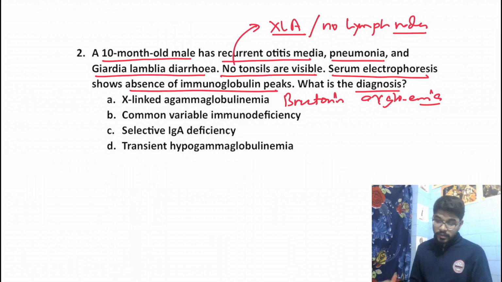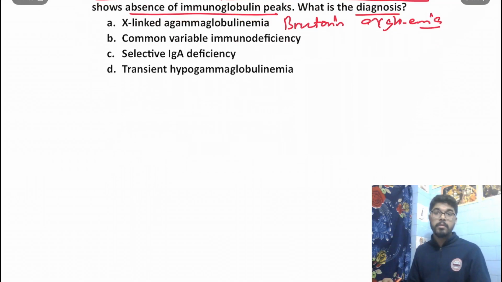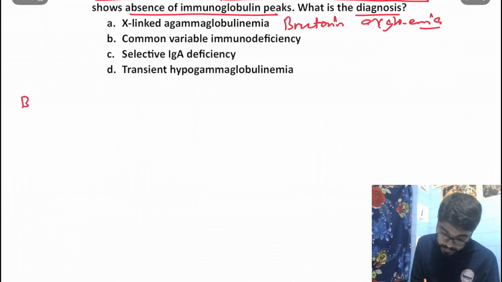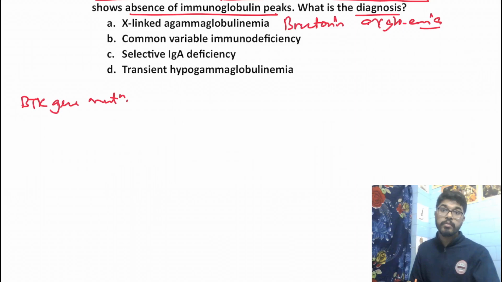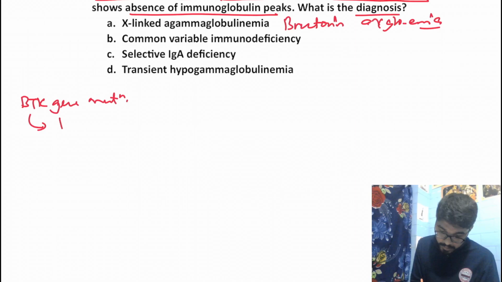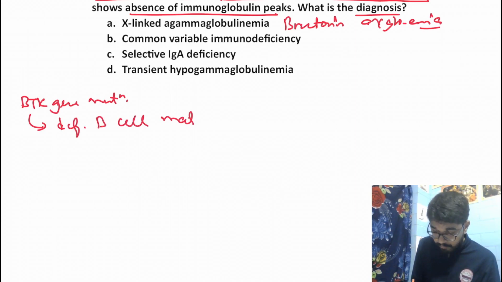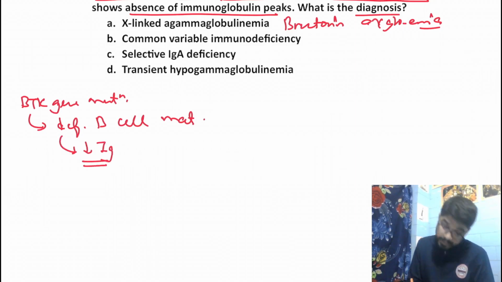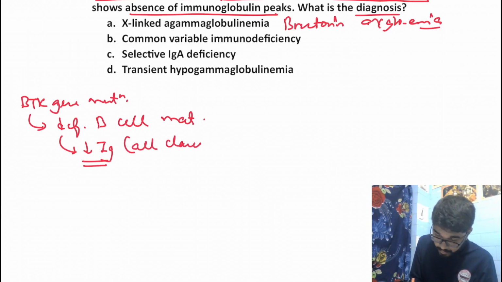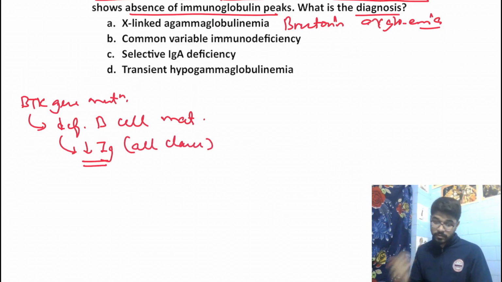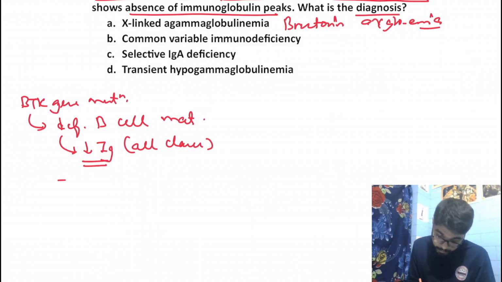Now, certain important things we need to know about it: there is a BTK gene mutation, that is, Bruton's tyrosine kinase gene mutation. This results in defective B cell maturation, which results in decreased production of immunoglobulin, and all classes of immunoglobulin are involved. All immunoglobulins are low, but your T cell function is normal.